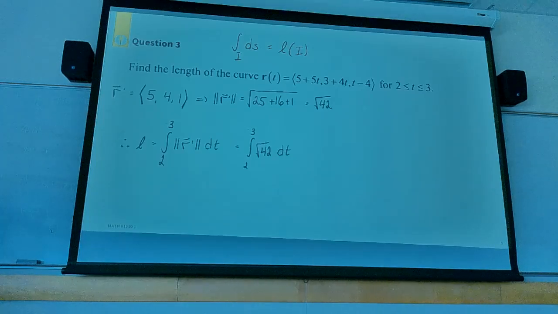So if you're integrating just a constant, wouldn't it just be the constant times the length? What's the length of our interval? It's just 1, isn't it? That integral is just root 42. I will be using that quite a bit.